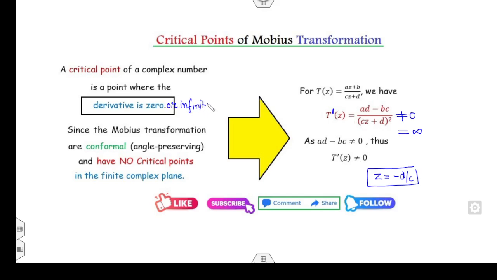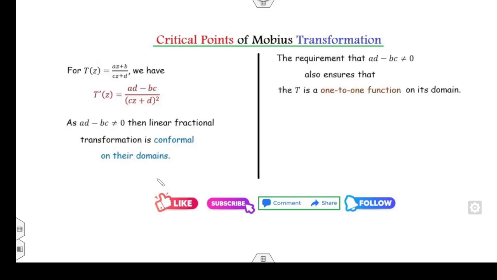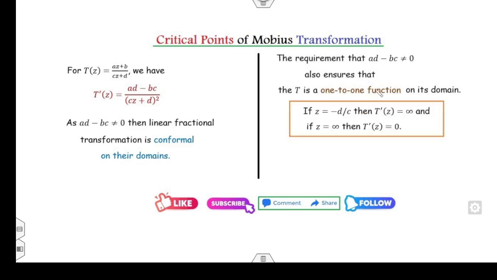But that critical point occurs only in the extended complex plane, not in the finite complex plane. So we can say ad minus bc is non-zero, so there is a one-to-one mapping on this domain. As I mentioned, whenever z is equal to minus d over c, then the value of T'(z) is infinity. And whenever the value of z is infinity, then T'(z) is again 0. So what can you say?